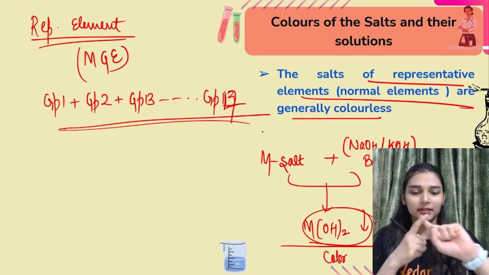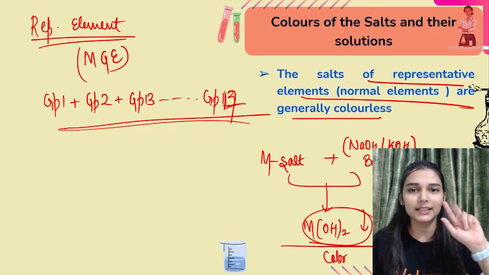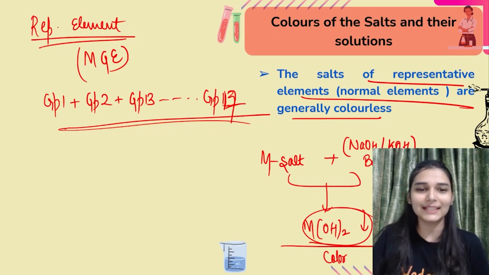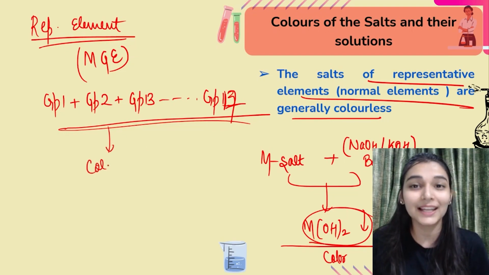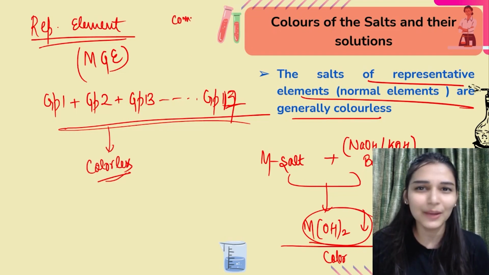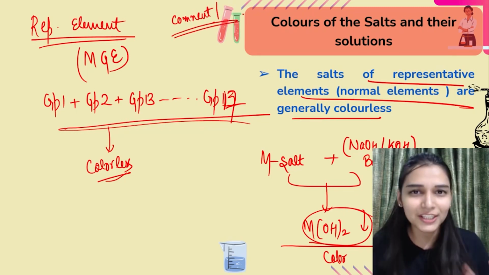Group 1, 2, 13, 14, 15, 16, 17. These elements are the representative elements, and their salts would be colorless. And do you know the reason? If you know the reason why, then let ma'am know in the comment section of the video. I will be watching your answers.